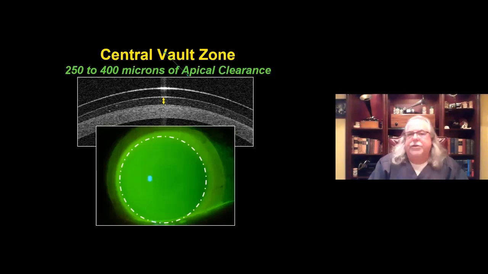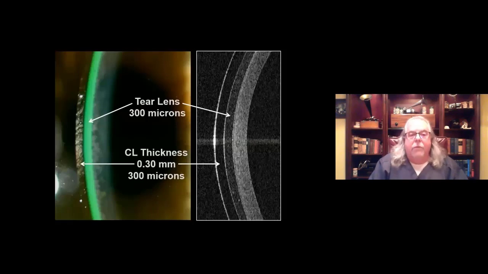Other practitioners have other targets that they like to shoot at, but this is the one that we have found performs well for us clinically. We evaluate that by looking at the lens in optic section, where we're able to see the thickness of the lens, which is approximately 300 microns thick.